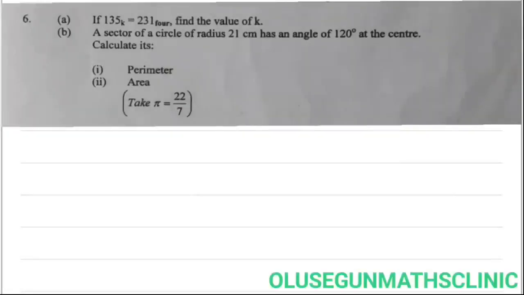The question says, 135 base k is equal to 231 base 4. Find the value of k.